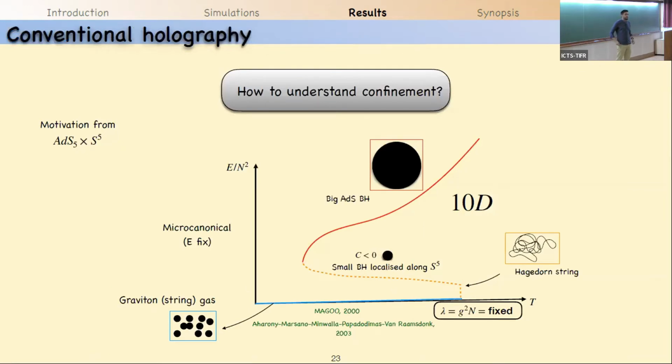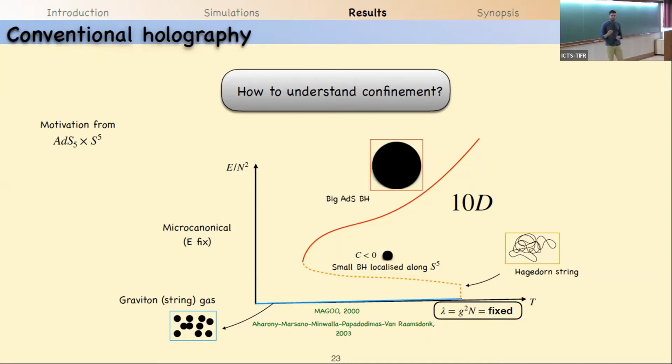To understand this, I have to give some motivation again from the conventional AdS5/CFT4 correspondence. As it is nicely explained in these papers, for high enough energies I have only one saddle that contributes to the partition function. This is a big black hole in AdS.